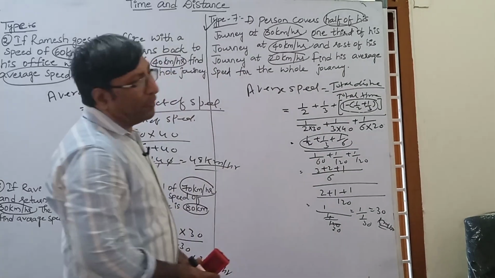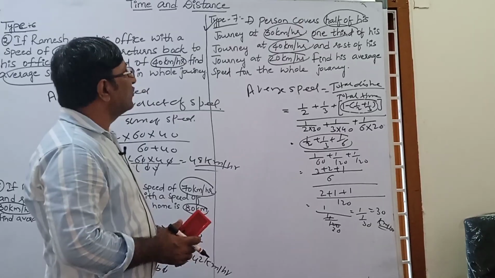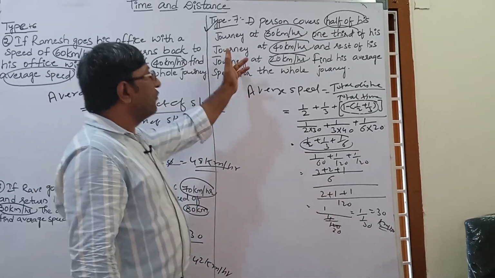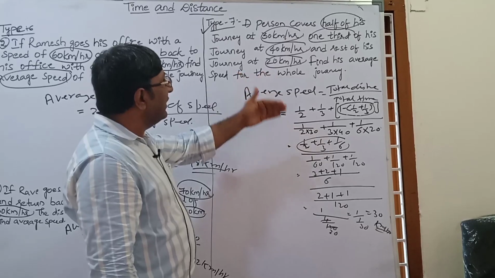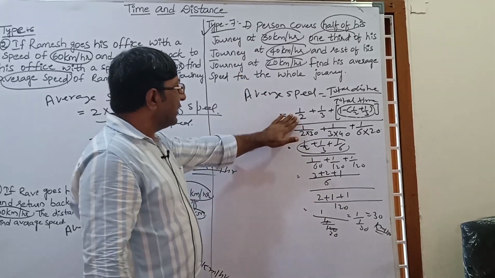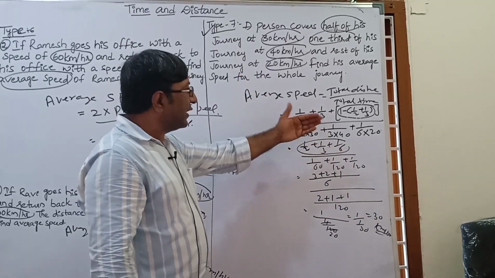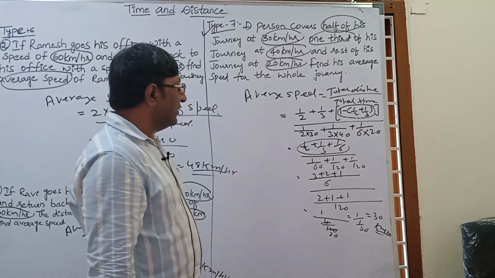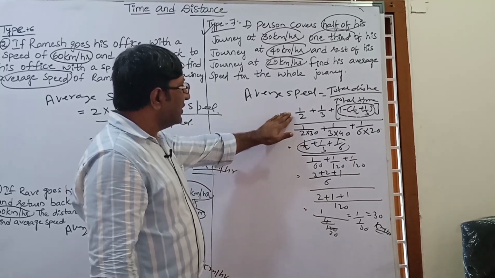So for this type of question, the simple basic technique is this: it is given half of journey, 1 by third of journey and rest of journey. So half journey plus 1 by third plus remaining, that is 1 minus (half plus third). Now time taken is distance upon speed.